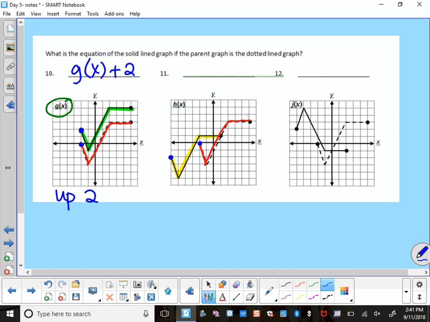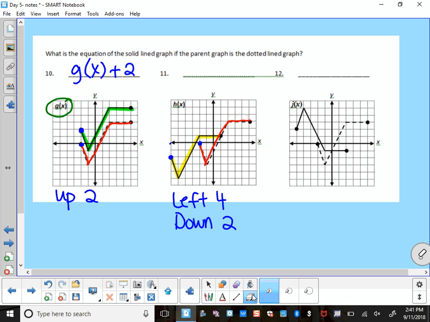All right, what did we do? Do we go left or right? Left, 1, 2, 3, 4. And then what? Down 2. We went left 4, down 2 for the new graph.